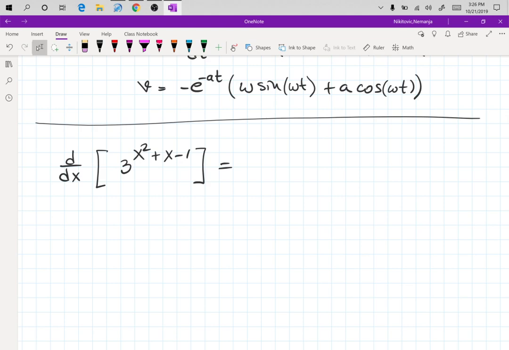So the derivative goes, we copy the problem as is, so 3 to the x squared plus x minus 1. Then we take the derivative of the inside, which is 2x plus 1, which is the exponent. And then we multiply everything by ln of 3.